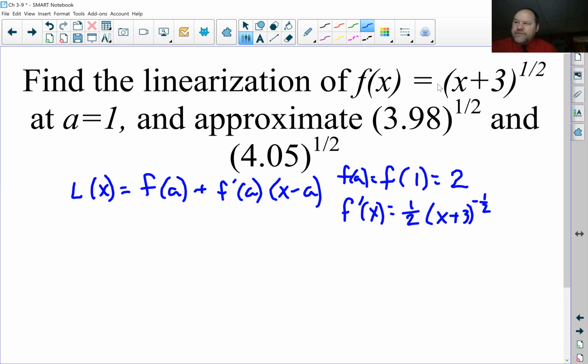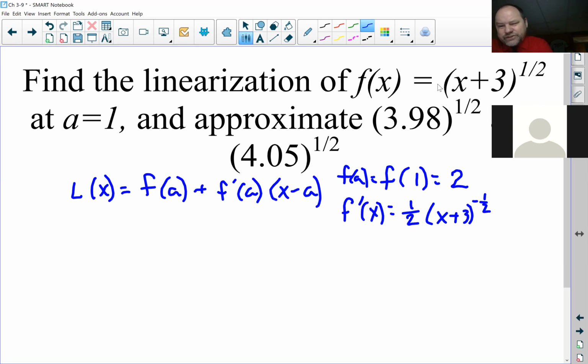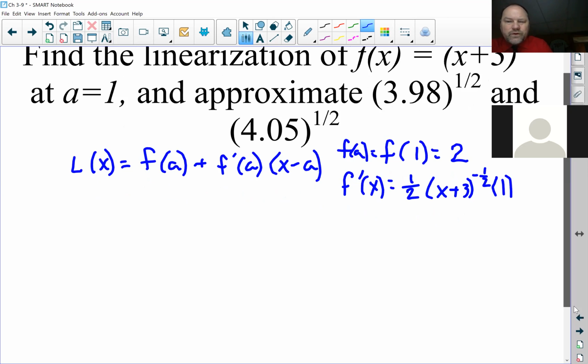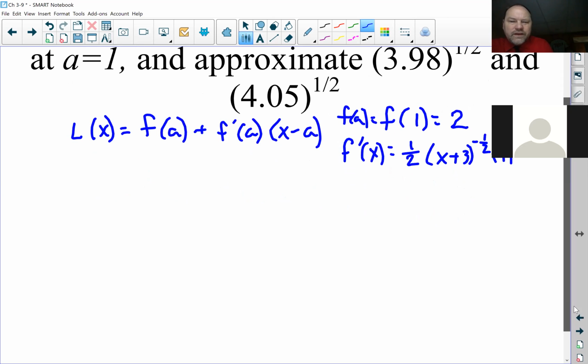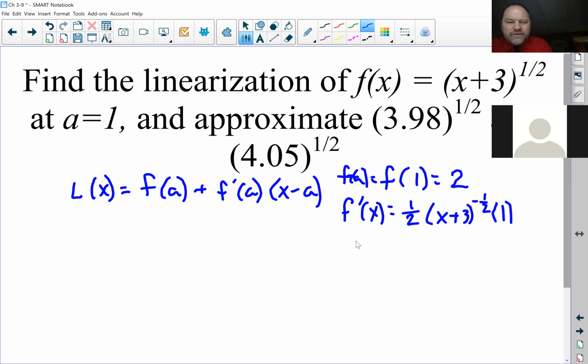And what is the derivative of x plus 3? Just be 1. Right, right. So that's why we generally don't write it, but just to be very clear, we get 1 there. And now I am going to evaluate that at the value 1.